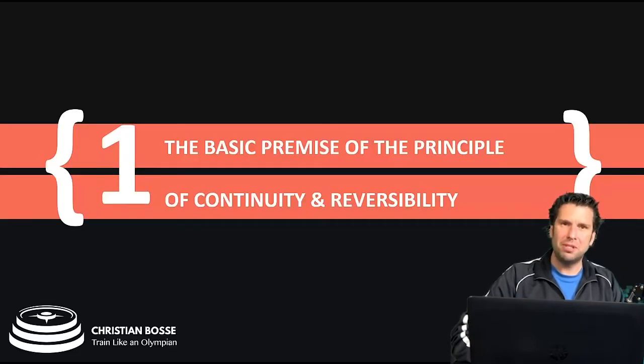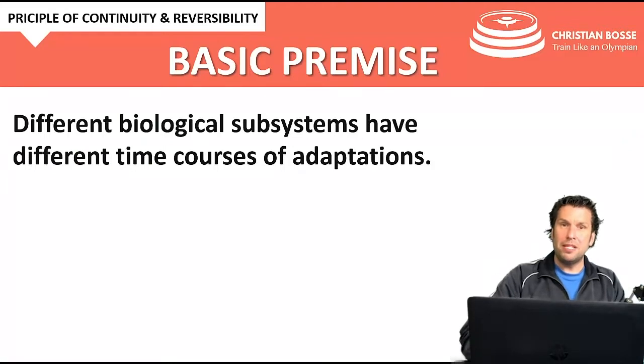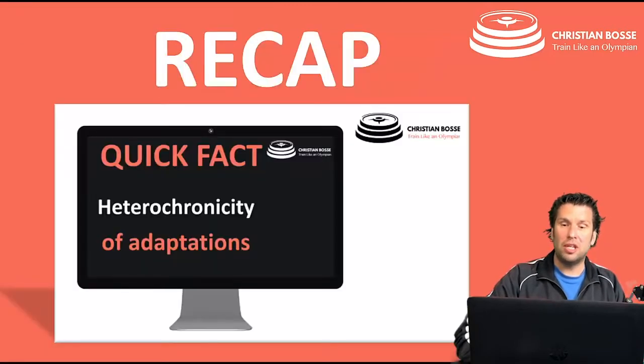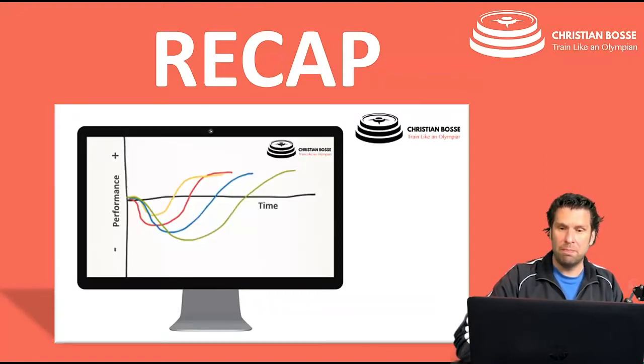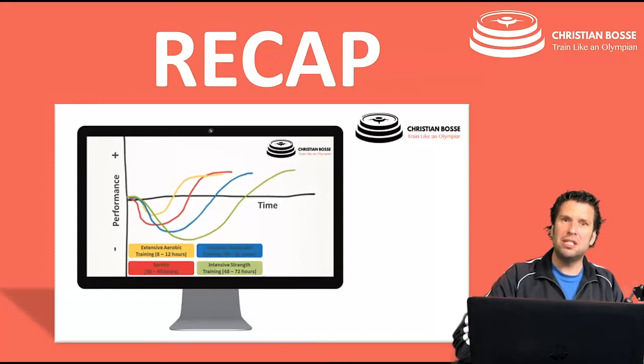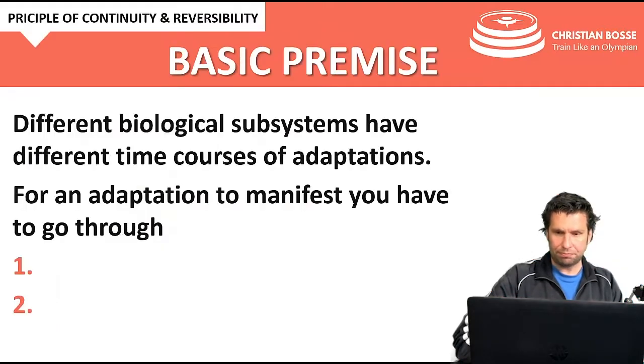What is the basic premise for this principle? Well, the basic premise is different biological subsystems have different time courses of adaptation. We looked at the so-called heterochronicity of adaptations in the previous lecture, where we can see that different structures have different time courses of adaptation, but also see that different training stimuli go through the adaptive process either quicker or need a bit longer.